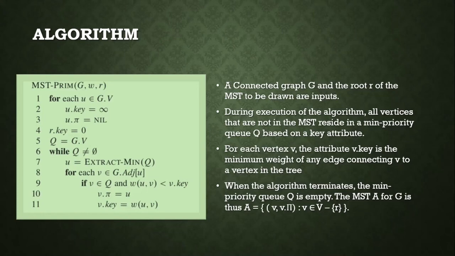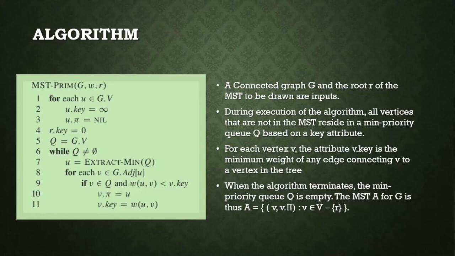When we start, we have to first choose the root node from where we will begin the MST graph. So we're going to set r.key, the root node weight, which will be 0 initially.